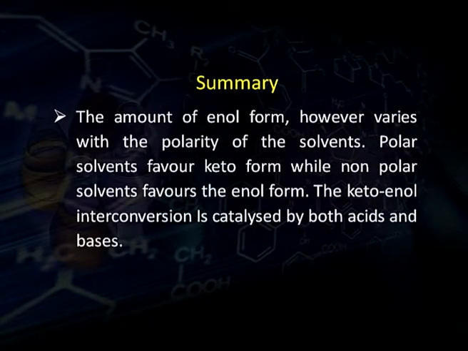And the amount of enol form, however, varies with the polarity of solvents. Polar solvents favor keto form, while non-polar solvents favor the enol form. The keto-enol interconversion is catalyzed both by acids as well as bases.